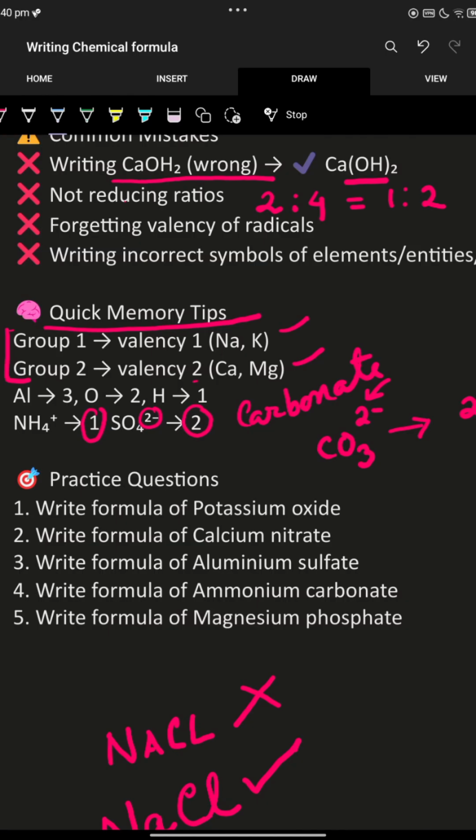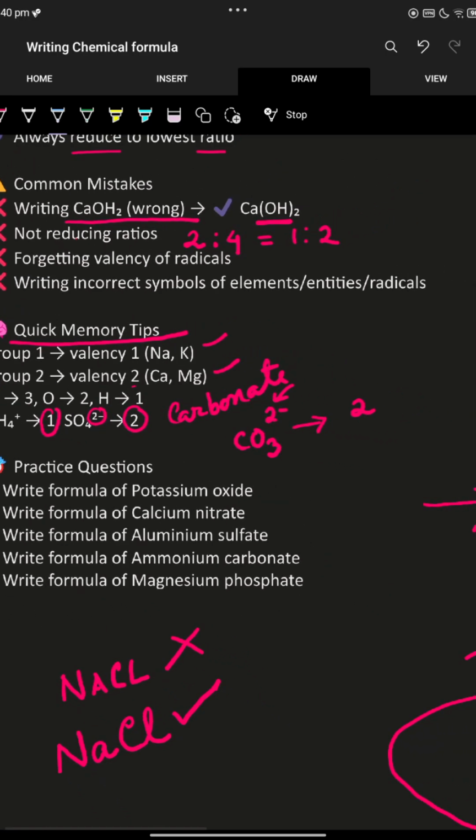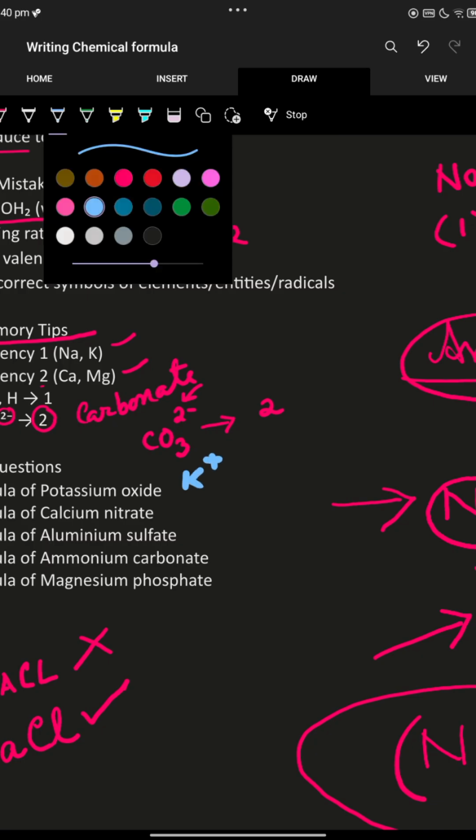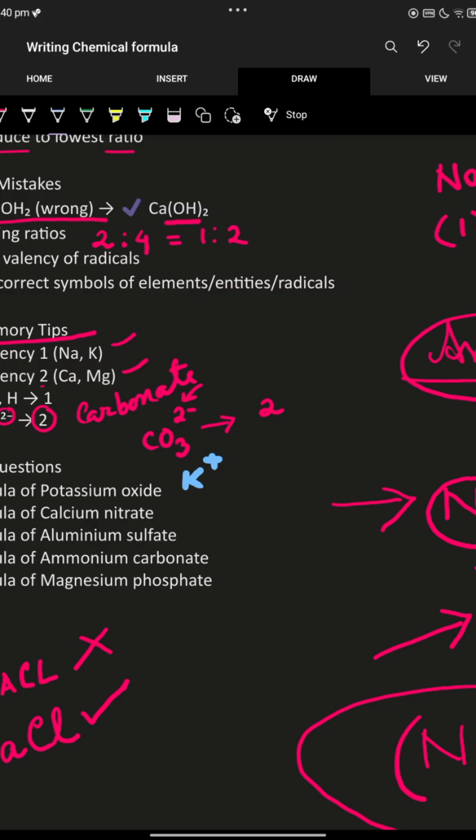Okay, now let me give you some other examples, practice questions for you. But for this I need to give you the hints. Like potassium oxide, I told you potassium is K plus. Potassium is K plus and oxide is O2 minus. So valency of potassium is 1, oxide is 2.